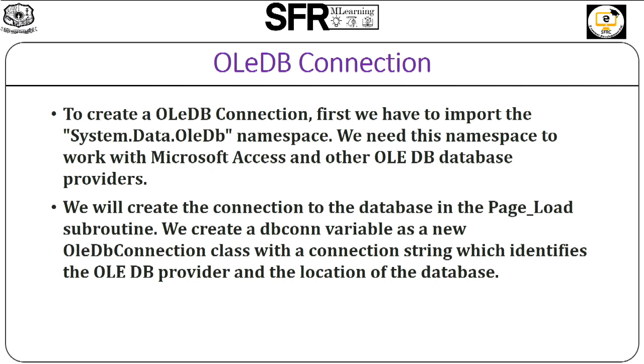After writing the connection to the database in the Page_Load subroutine, we create a variable named dbcon. It can be any name, since it's a variable. Here I am using dbcon. That is a new OleDbConnection class with a connection string that is going to identify the OLEDB provider and the location of the database.